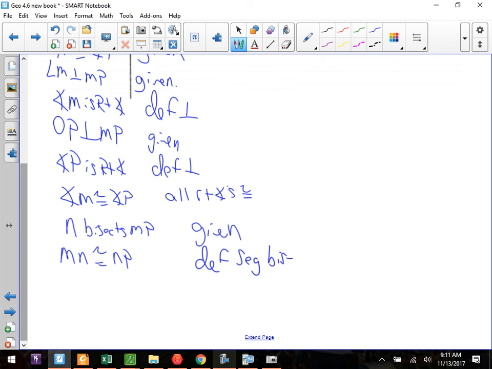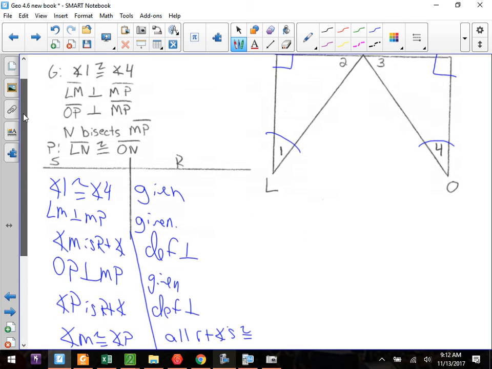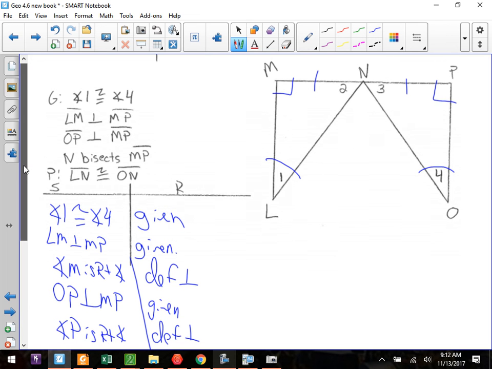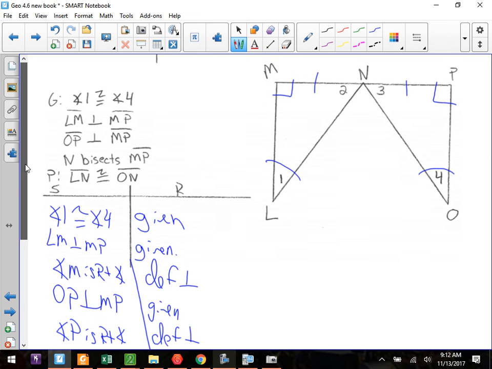You have to make sure you have a segment bisector, not an angle bisector. And now we go back to our diagram again. How do you have triangles congruent? Angle, angle, side. There's no hypotenuse there, but you have angle, angle, side. And that's the idea. Right angles don't always automatically give you hypotenuse leg, okay?